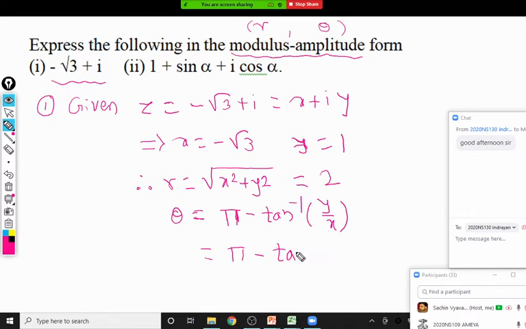Now, 5 pi by 6, sir? Yes, correct. First of all, when you replace y and x here, remember you have to replace without sign. So 1 by root 3 only. Don't write minus 1 by root 3, or you will make a mistake. If you replace 1 upon minus root 3, then you will make a mistake. Remember, these mistakes happen in the exam with a few of the students.